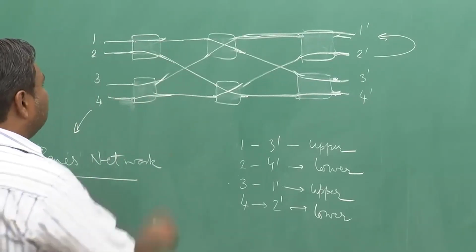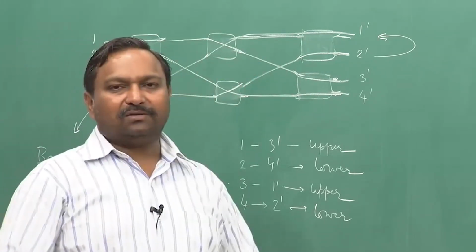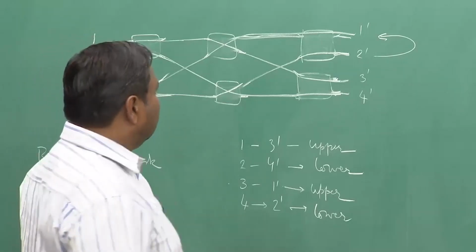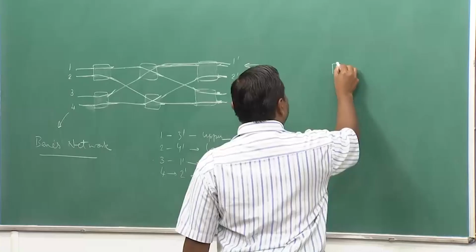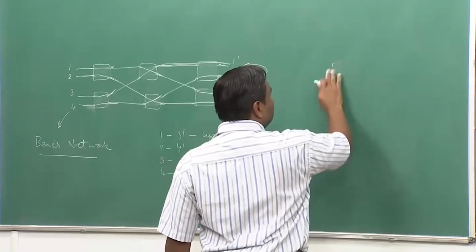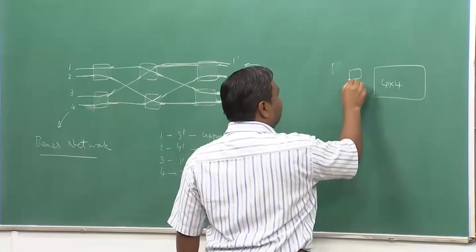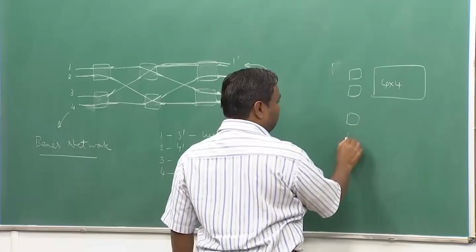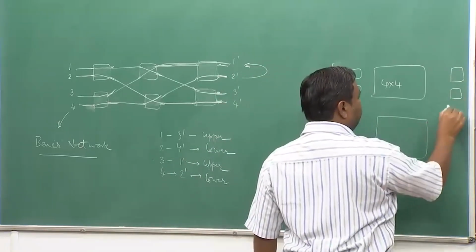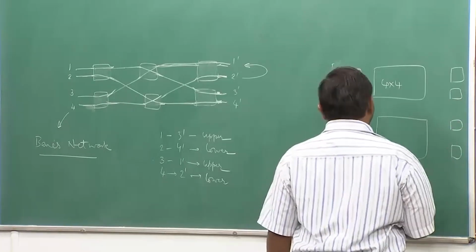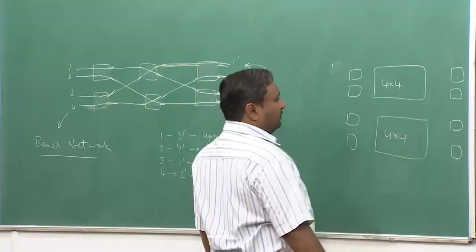The Baseline network actually is built by 2 by 2 crossbars. Clos is a more generalized form, so this is a subclass of Clos. I can now create this 4 by 4, and I have 2 by 2.